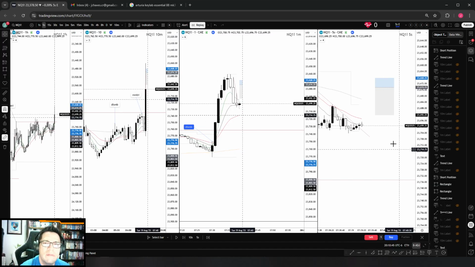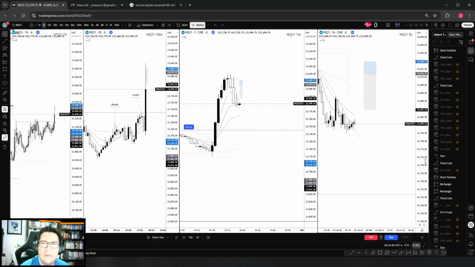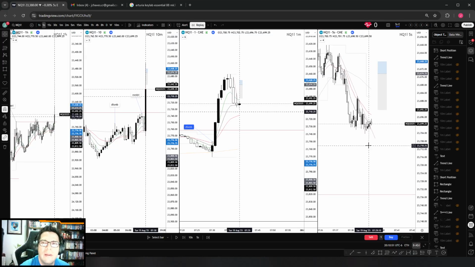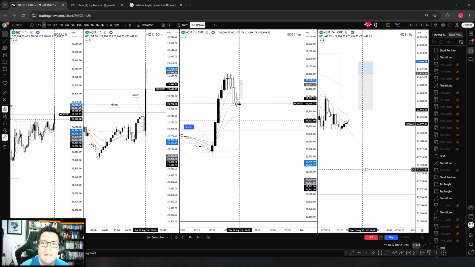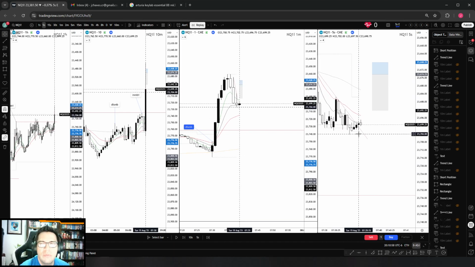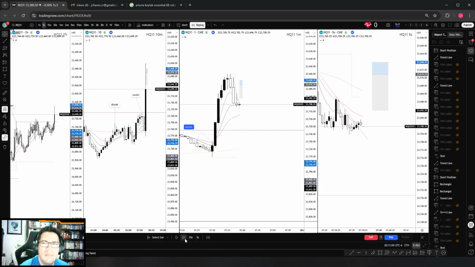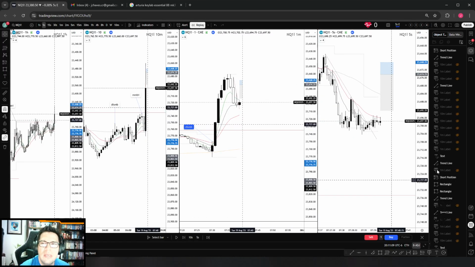So now we are having some reaction out of this point. Once again, we could be building a double MB. We have certainly to wait for price to come above the EMAs. So this is waiting time for us. So let's see here.